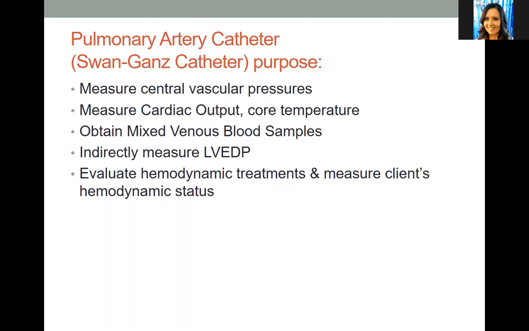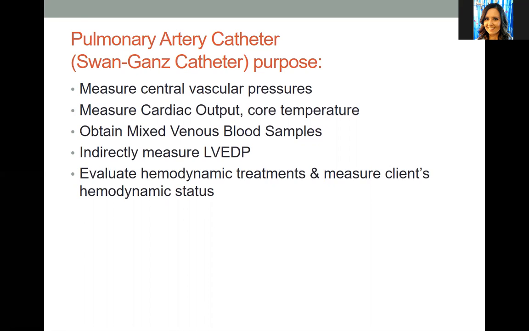Pulmonary artery catheters, we talked about, we can measure our central vascular pressures, so central venous pressures. We can measure cardiac output and core temperatures, obtain our mixed venous blood samples. We can indirectly measure the left side of the heart, so the left ventricular end diastolic pressure.